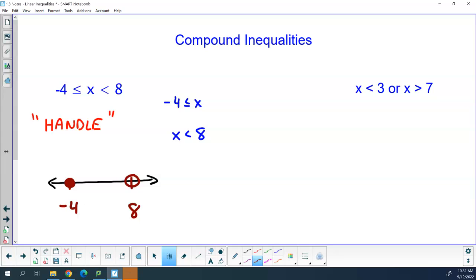And so this one up here tells me that I need to be numbers bigger than -4. So that's going that way on the number line, right? But this one down here tells me I need to be less than 8. So that's going to be to the left. So the handle part comes in because that's exactly what it looks like. It's just that one little section of the graph.